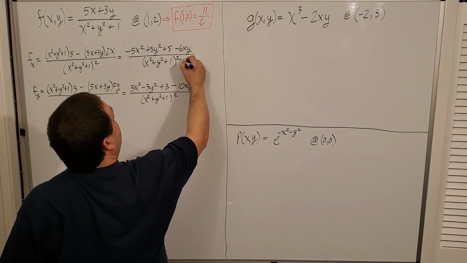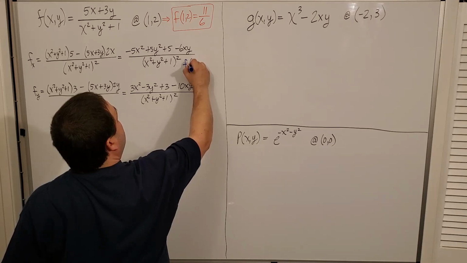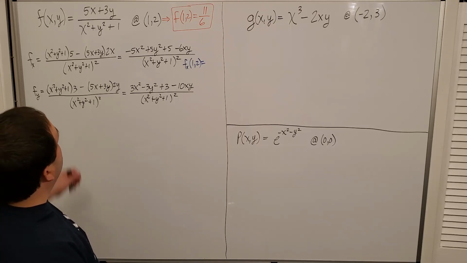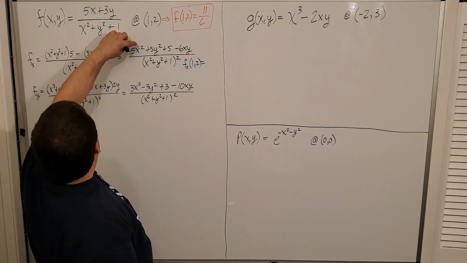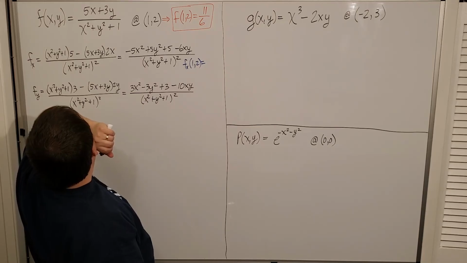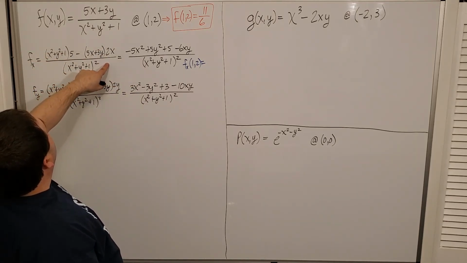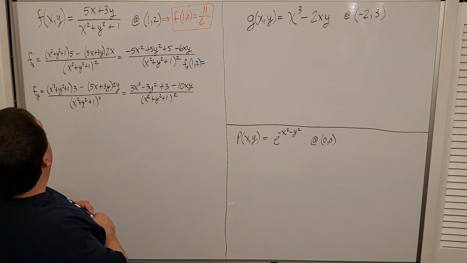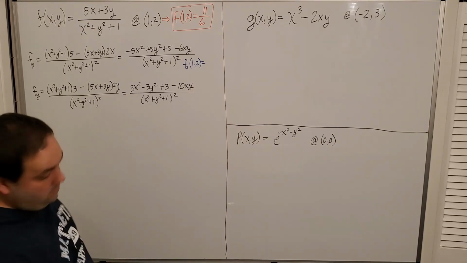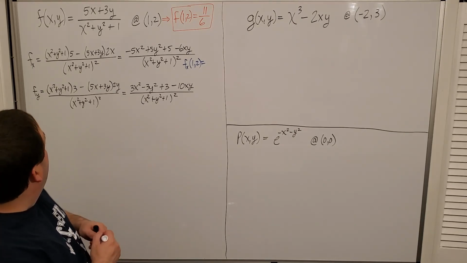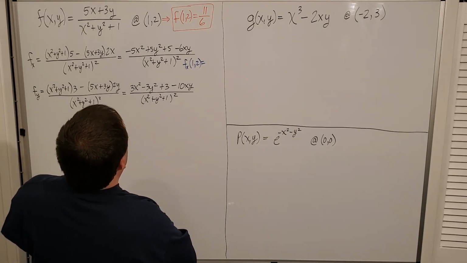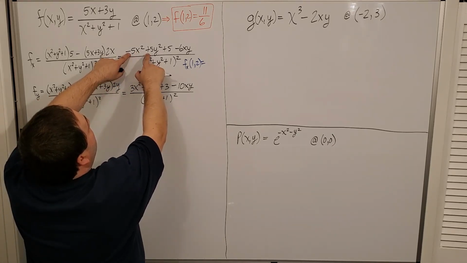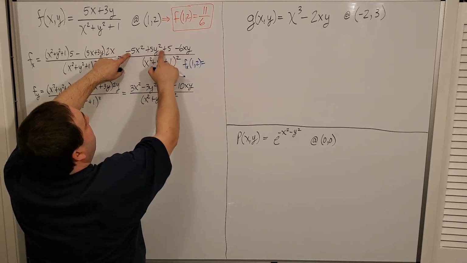F sub x at 1, 2, right? So let's go ahead and crunch those up. I'm going to have -5. I wonder if it would be easier from here. It may almost be easier from there, to have all of the pieces to compute. I'm just going to go with it. Okay, so I'm going to have -5 plus 20, right?